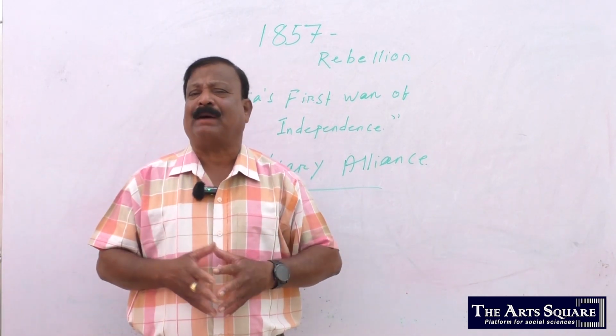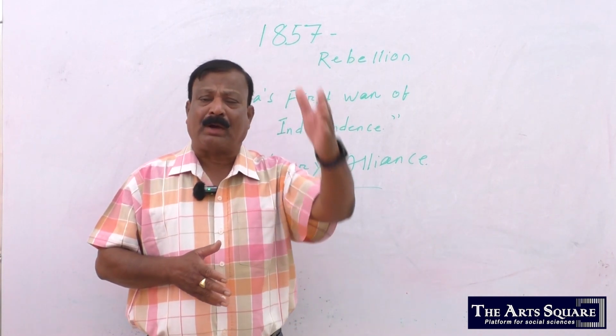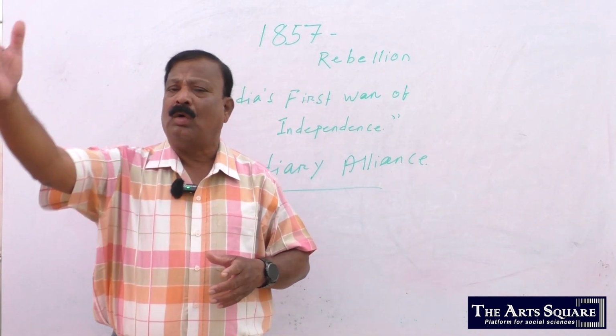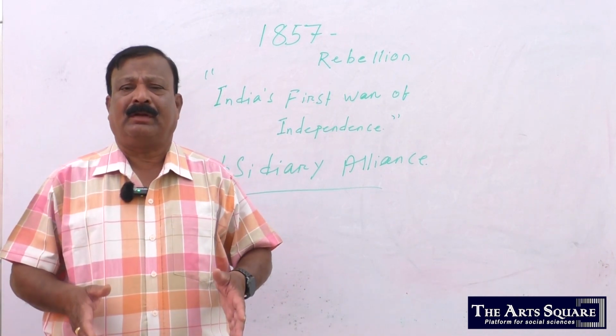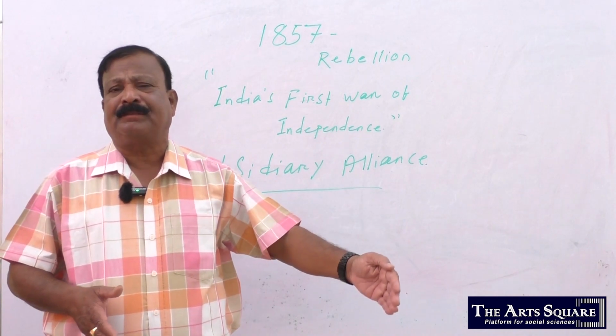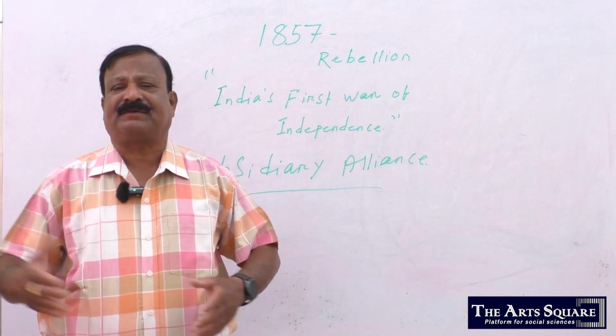So make a list first. Who are the powerful kings? Who are the weak kings? So the people listed the powerful kings and weak kings.